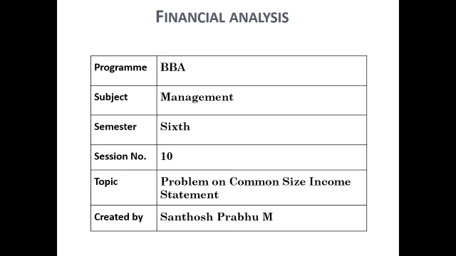So when you want to know the particular heads in the total, what is their proportionate percentage? So in that case, this vertical analysis or common size analysis is very useful tool.